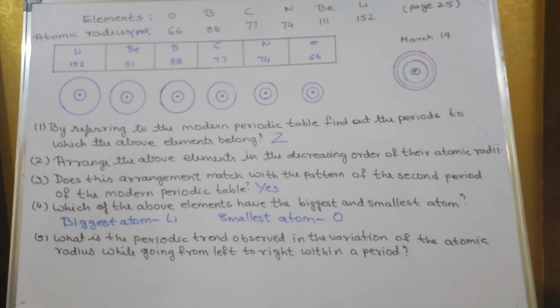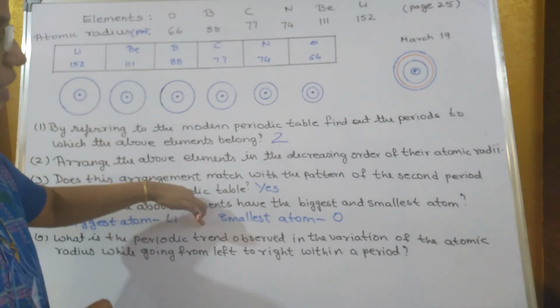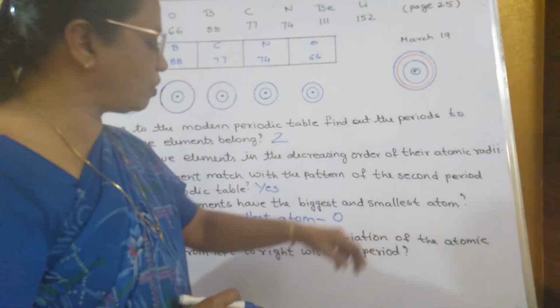What periodic trend is observed in the variation of the atomic radius while going from left to right within a period? So when you go from left to right, what periodic trend do you observe in the variation of the atomic radius?